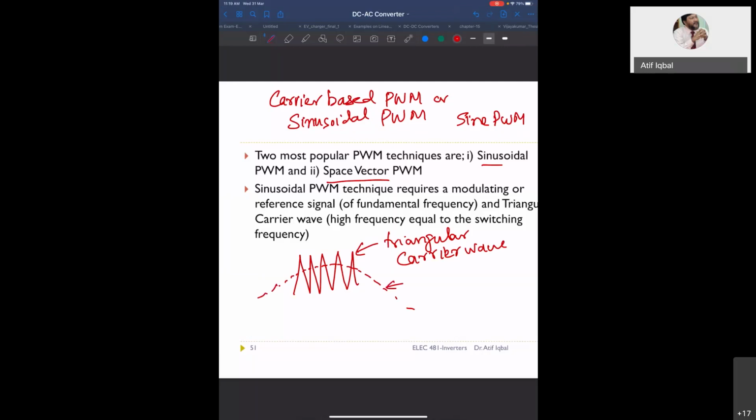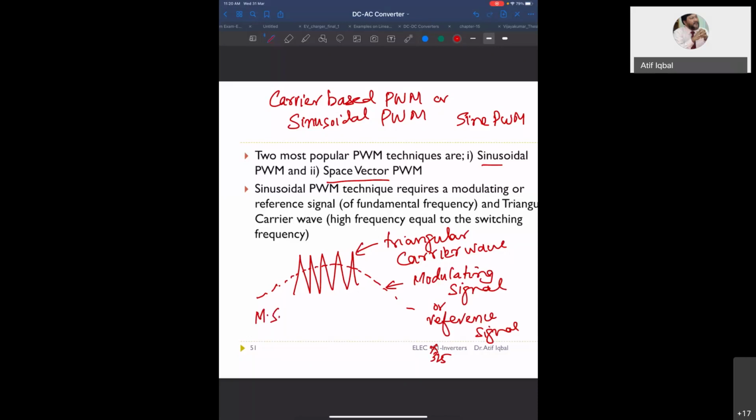We call this sine wave the modulating signal, or the reference signal.